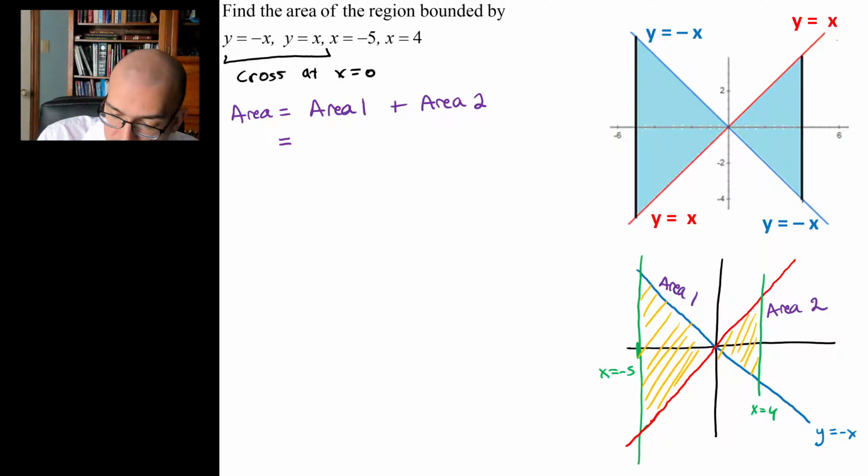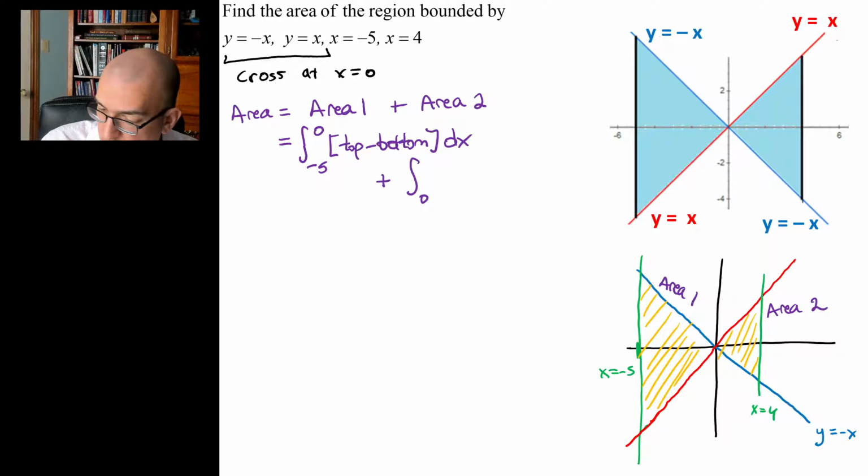So for area 1, we're integrating from the lower number, negative 5, to 0 of top minus bottom, plus for area 2, we're going from 0 to the higher number, so 0 to 4 of top minus bottom.